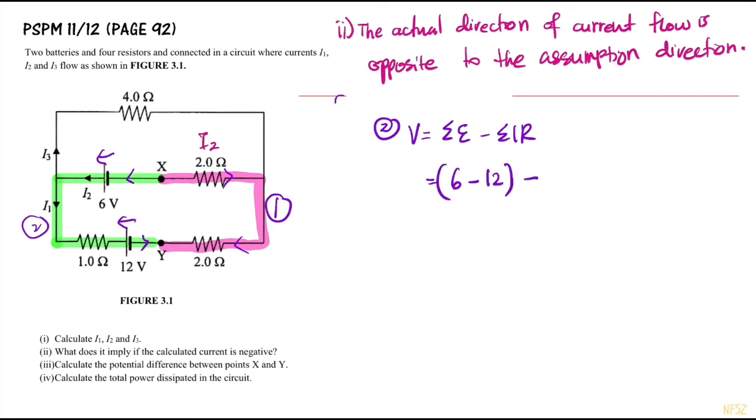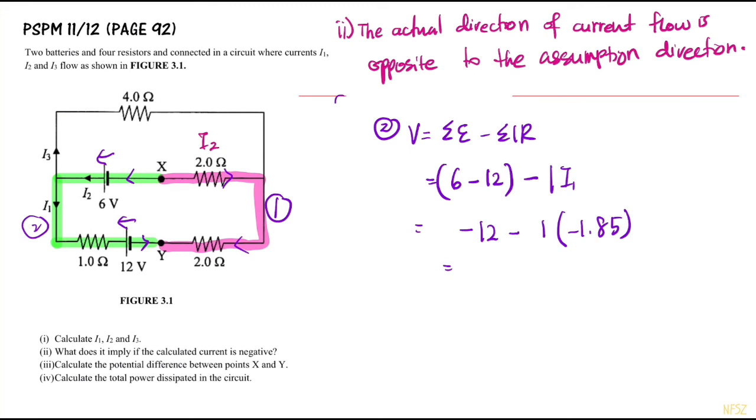minus apa je resistor yang ada. Dia tak lalu 2 ohm ya. So ni tak termasuk sebab hijau tak lalu tu. So 1 ni adalah I1 sebab current kita sama dengan route yang kita nak guna. So adalah positif. So negative 12 minus 1, I1 is negative 1.85.